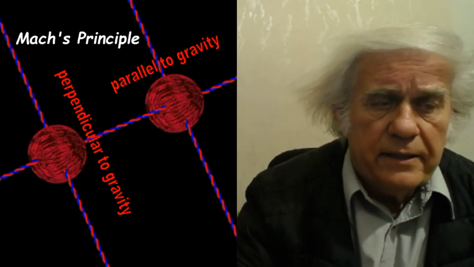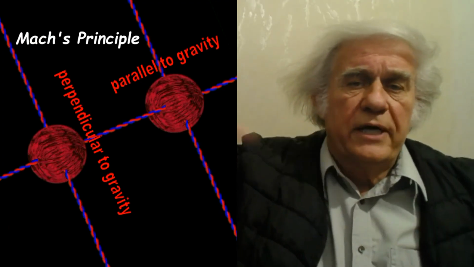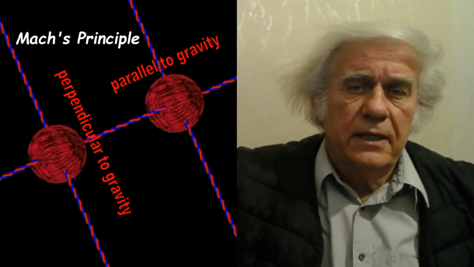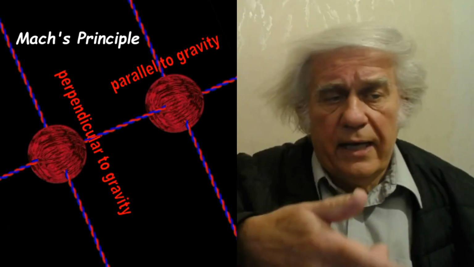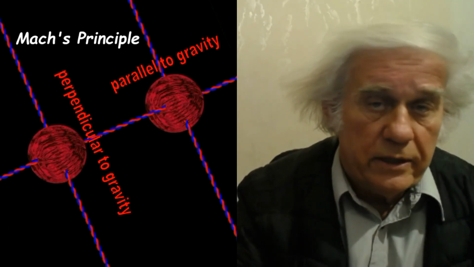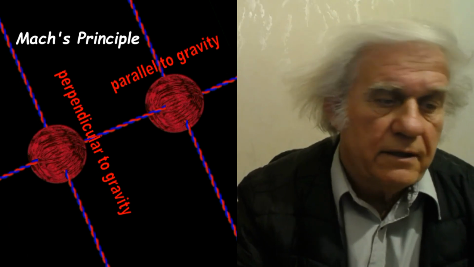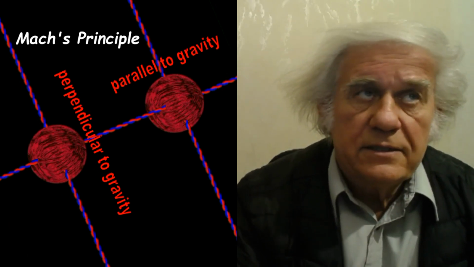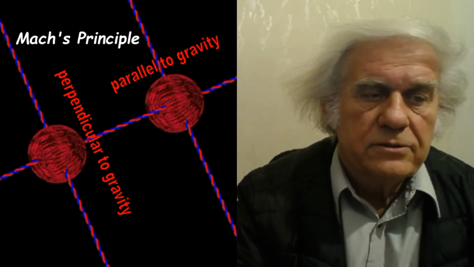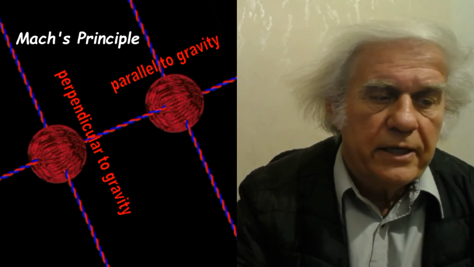We have the perpendicular direction and the parallel direction. Parallel is in line with gravity, and the perpendicular one, which is a squared function, should take away from gravity, so it should be in our denominator.